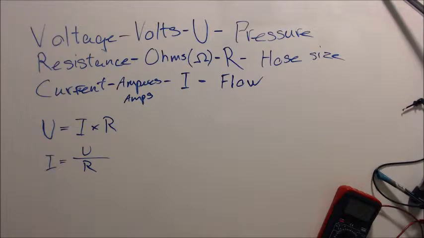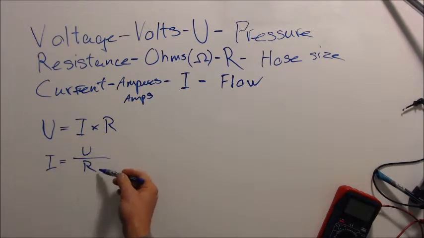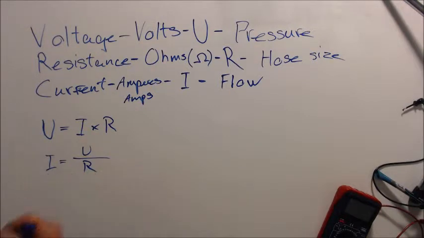So let's calculate a couple of examples here. Let's take this one here. This is what most of the time you're going to be having. You're going to know your voltage and you're going to know your resistance, and you're going to find out how much this is going to be pulling. This is if you make some kind of change to a circuit, or you're trying to figure out how what I'm about to do is going to affect the circuit.